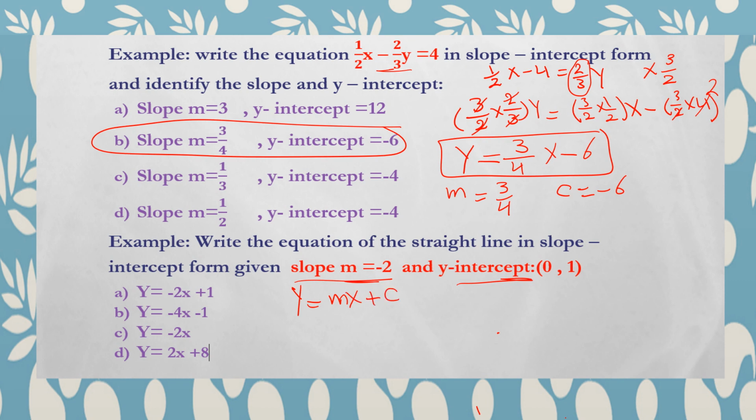We already have m, so y equals minus 2x plus c. We need c here, and he's giving us the y-intercept, and the y-intercept is c. So c here equals 1, and the straight line equation is y equals minus 2x plus 1. And the correct answer is A.